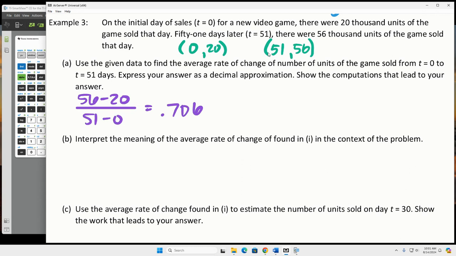Thousands. So we're going to say 1,000. We're going to spell it right, though. I'm going to say units because I said that a lot. And then what did I subtract in the denominator? Days. Good job.